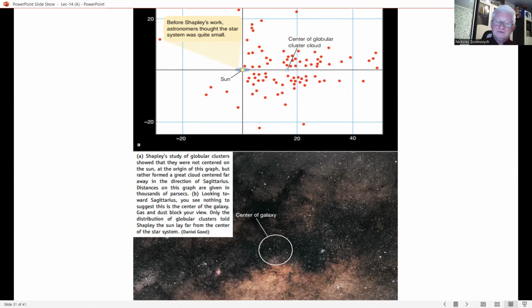It is interesting to know that Shapley made two mistakes. First, he assumed that space was empty. Later, astronomers realized that the interstellar medium dims the more distant stars and makes them look farther away than they really are. Also, Shapley didn't know that there are two types of Cepheids.